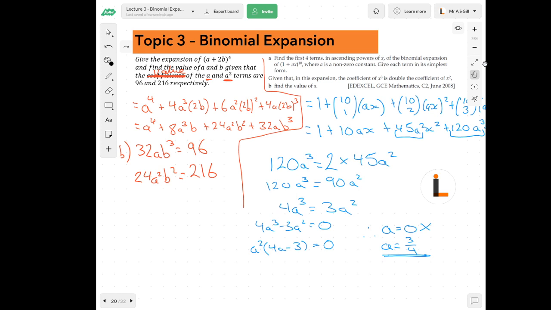Okay, and now what we're going to do is just simplify each of these individually. So in fact, I'm going to take this down here, just divide through by 32, so we get A cubed is equal to 1, so B is equal to 3, I beg your pardon.